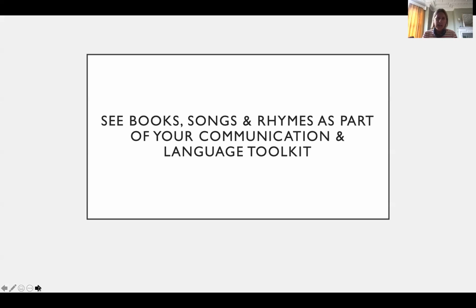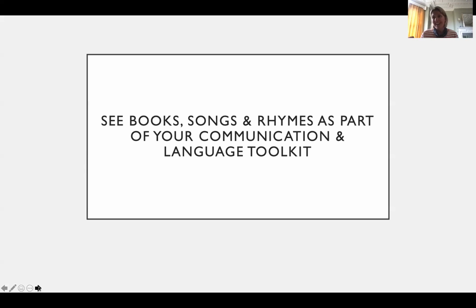So yes, we've got that ability to build language and very repetitive text, and that ability to build concept vocabulary. But most importantly, because the book is multisensory, it's half book, half resource. And so by using those books, as well as building those multisensory experiences, it's much easier to build an interaction.